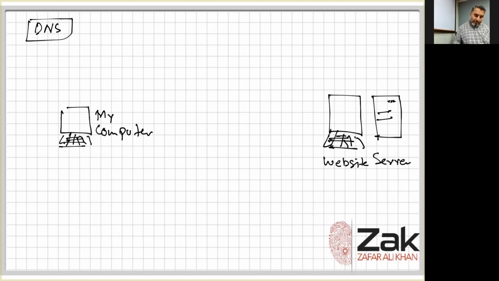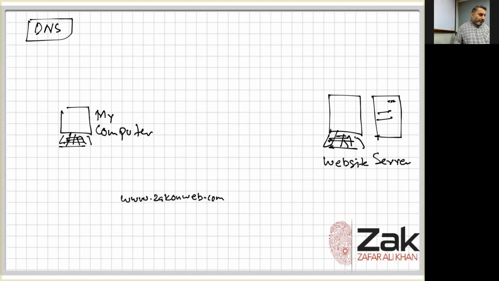Now I need to reach out to this website server. This website server has an IP which I don't know. I only know that this website address is zakonweb.com. This is what I actually have an idea of. Otherwise, I need this to be known.